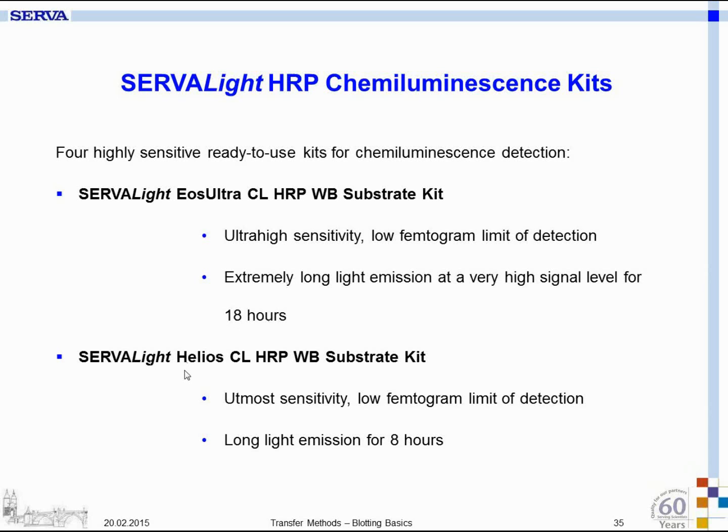And the most sensitive and the best, and of course also unfortunately the most expensive one, is the Helios with horseradish peroxidase. It is also in the low femtogram limit of detection, but with a shorter emission time, up to 8 hours. It gets the same sensitivity as this one.